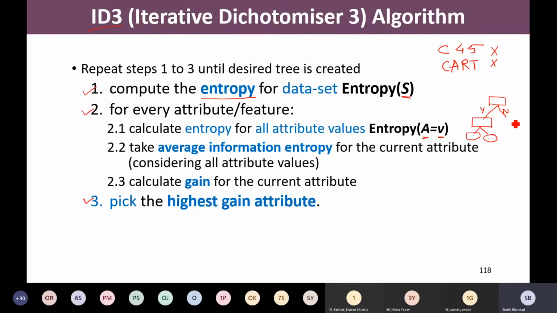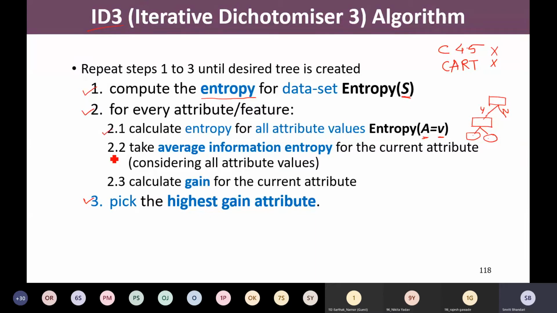Say, if an attribute has two possible values, y and n, then I'll compute the entropy of this attribute for value y and also for value n. So we pick one attribute and compute entropy for all attribute values of the selected attribute.